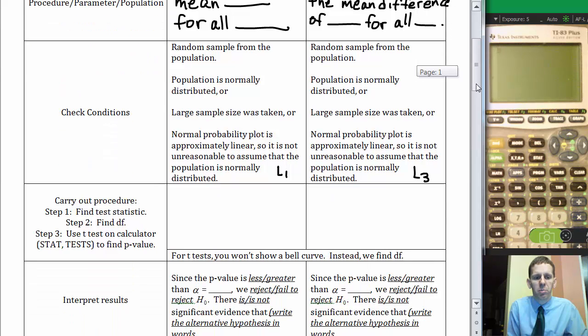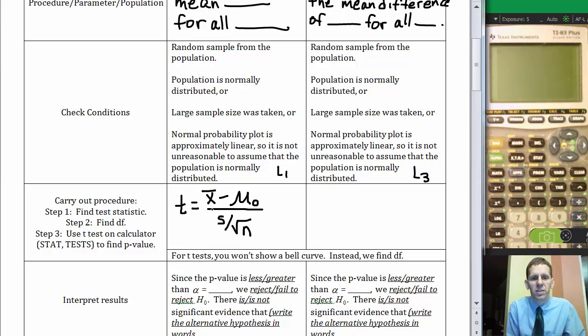Step 3 with a test is to carry out the procedure. The first step is going to be to calculate the test statistic. For a one sample t-test, your test statistic is going to be t equals x bar minus mu sub 0 divided by s, the standard deviation of the sample, over the square root of n.